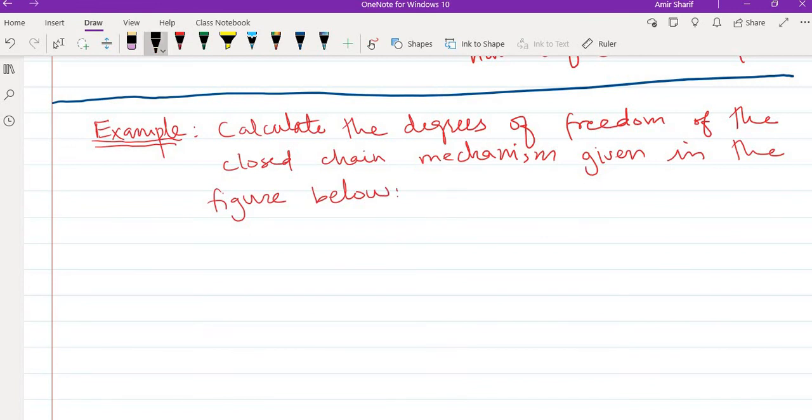Okay, the mechanism looks like this. So we have here a fixed link, and then a revolute joint here, and then we have a second link, and then again a joint which connects this second link to a third link.